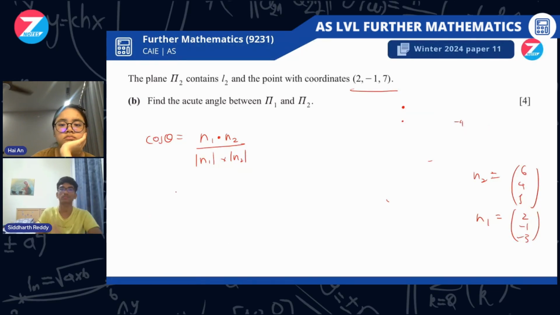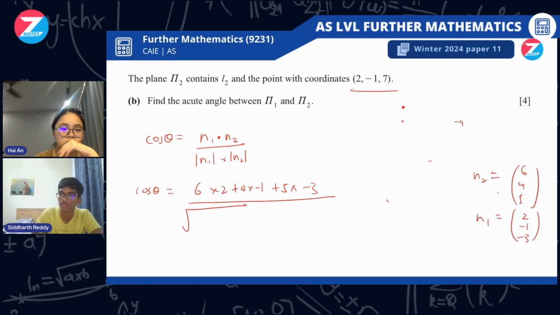So cos theta is equal to n2 dot n1 over the magnitudes. We get 6 times 2 plus 4 times -1 plus 5 times -3, divided by the square root of 6 squared plus 4 squared plus 5 squared, which is root 77, times the square root of 2 squared plus -1 squared plus -3 squared, which is root 14.